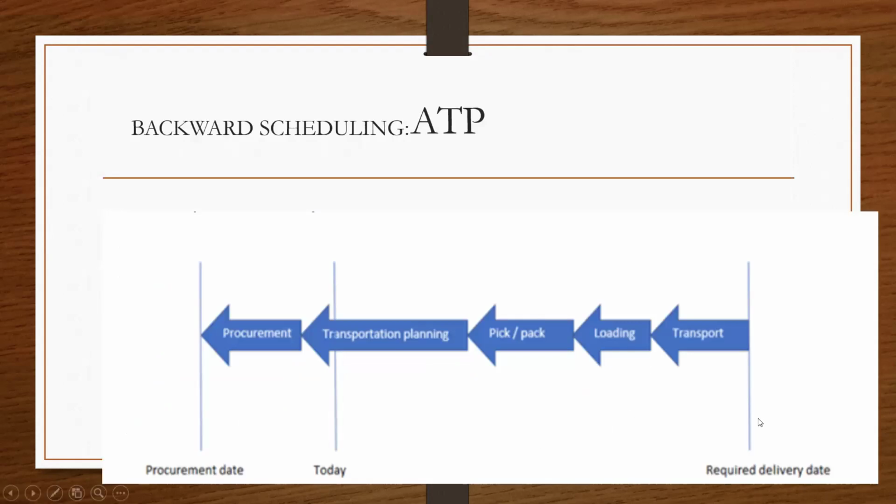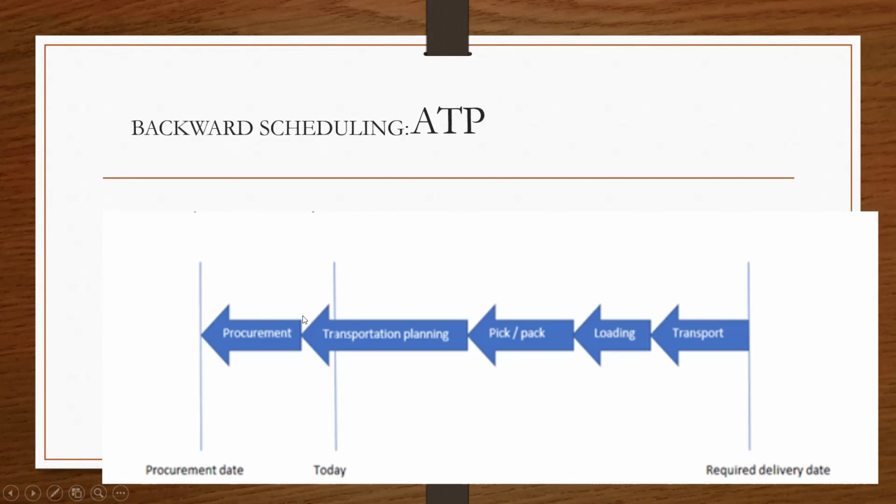Look at this, you have backward scheduling, and the requested delivery date is here. From here come the transportation lead time, loading time, pick pack time, transportation planning time, and procurement date. Today's date is the day when you got the order.